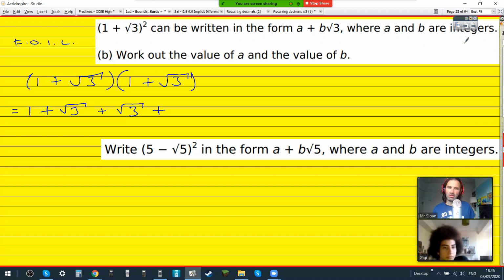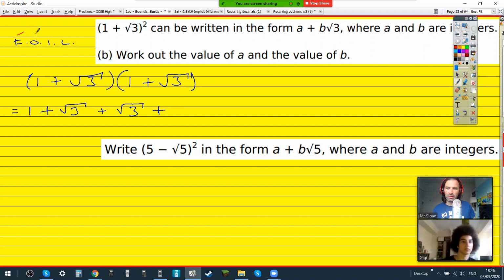So you multiply the last two. 1 times 1 would be 1. So you did first 2, outside 2, inside 2. It would be 3 root 3 plus 3.